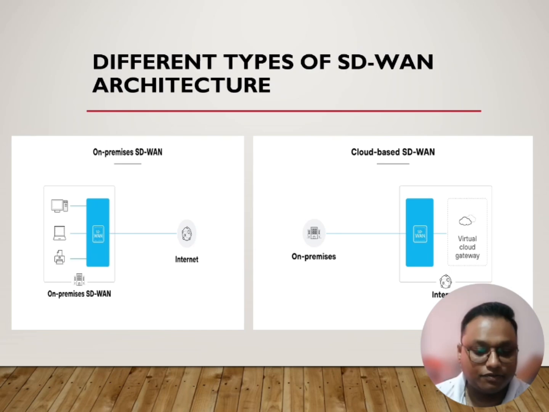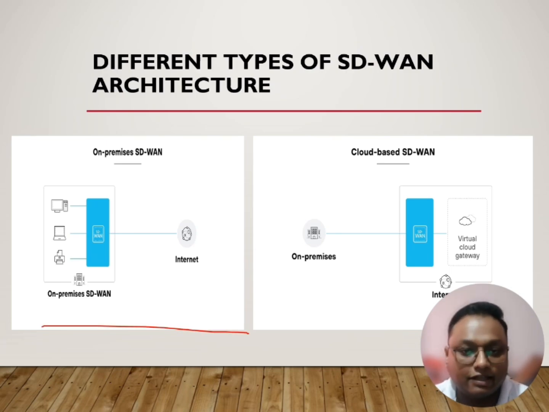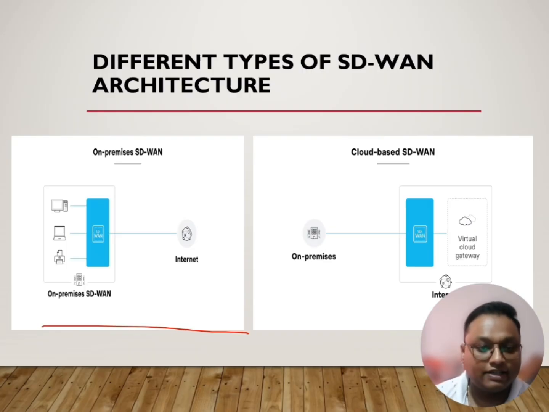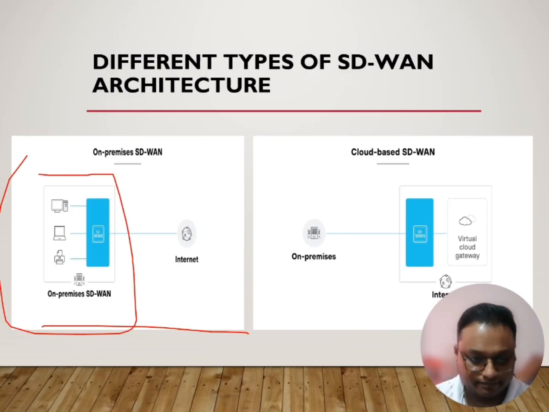In the first picture, we can see the first setup, on-premises SD-WAN, which sits directly at the sites. It handles routing, policy enforcement, and controls locally. The advantage is direct oversight of the data path, which means traffic stays within the organization's boundaries before reaching the broader network.